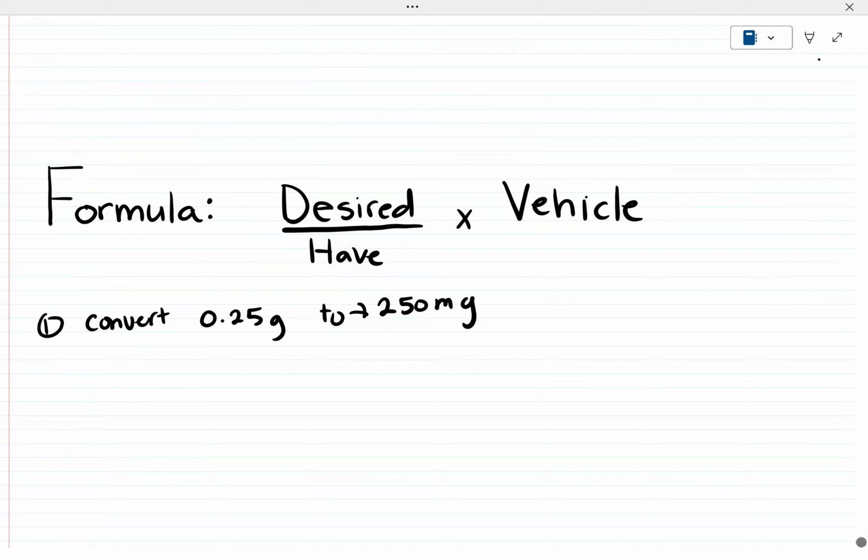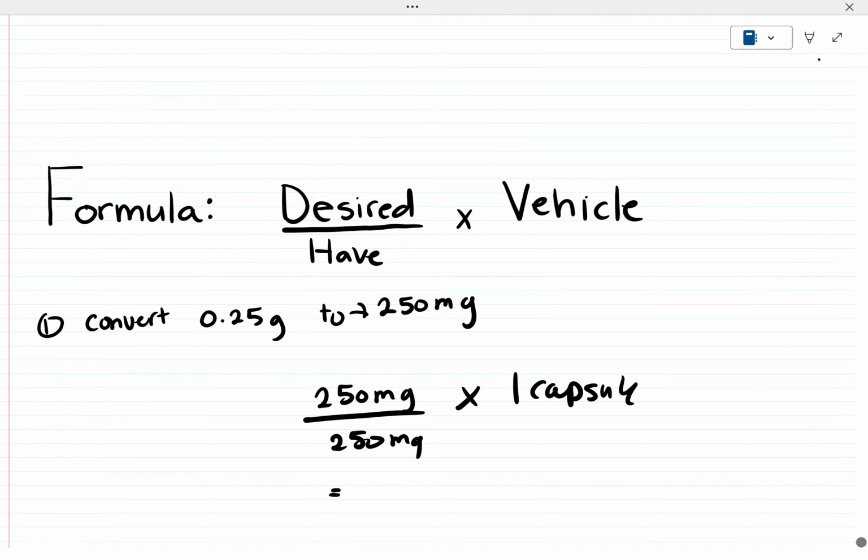So our desired is 250 milligrams. Our have was also 250 milligrams. And then our vehicle is 1 capsule. So when you put it all together, you get 1 capsule.